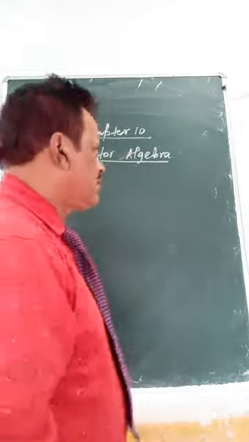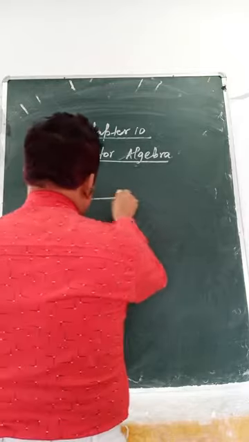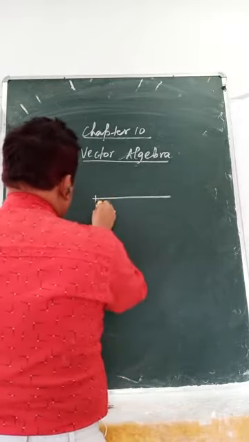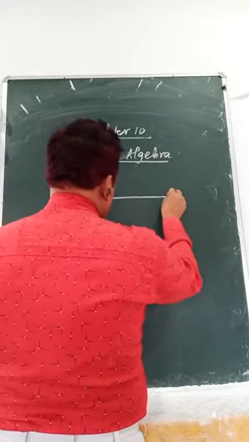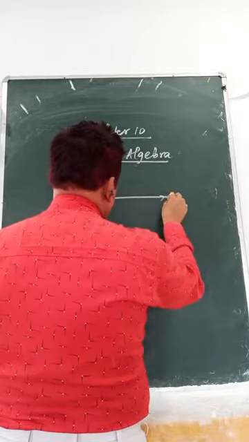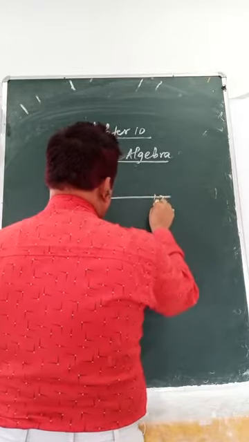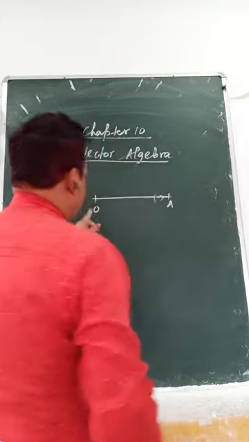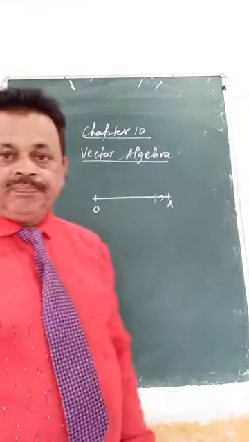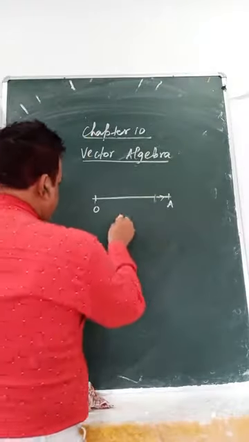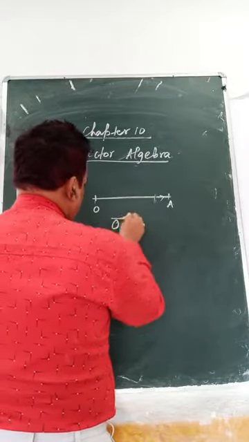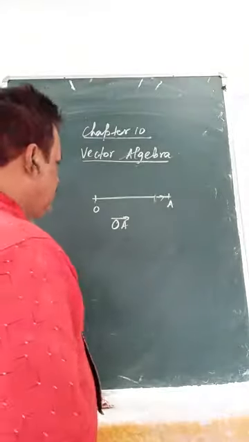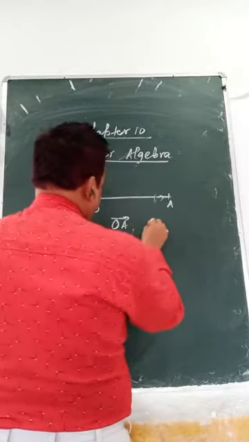What is called a vector? So I will tell you. A quantity having definite direction and magnitude. So I can say OA is the vector. O is the initial point.